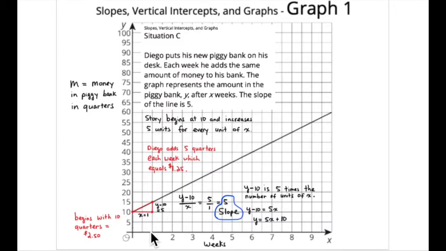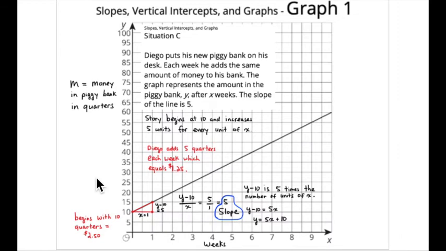So what is that? Each week he adds the same amount of money, and he adds 5 of these units, whatever they are. And I just chose them to be 5 quarters. Could have been 5 dimes, that would be 50 cents a week, not very much.